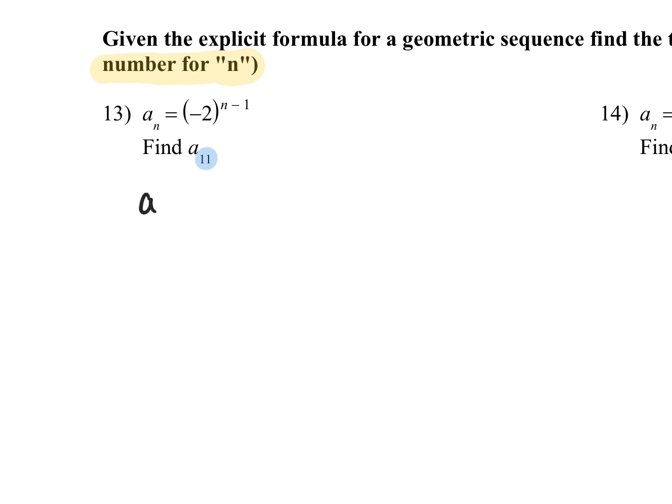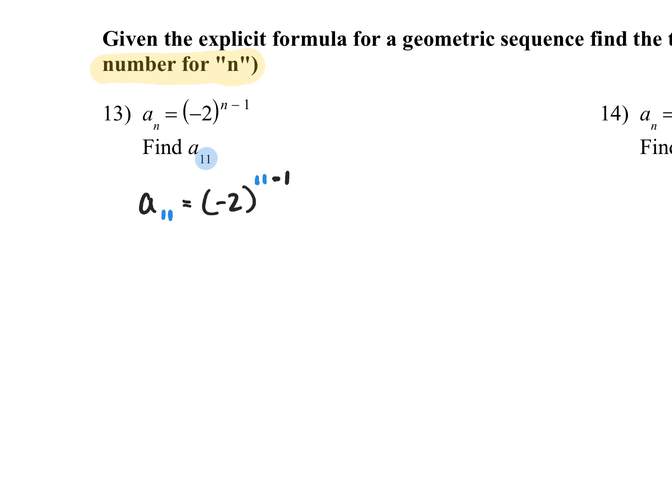So that means we're going to come down here and solve this, but anytime we see an n, what do we want to plug in? An 11, thank you. So that means now up top you have 11 minus 1.